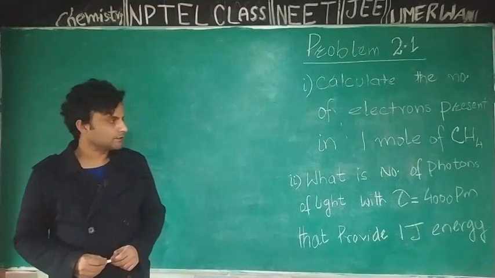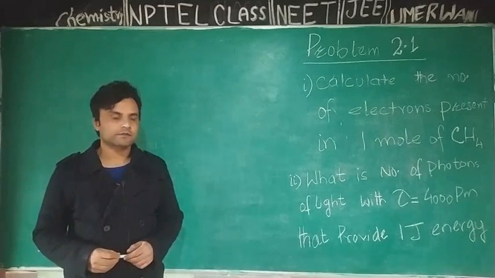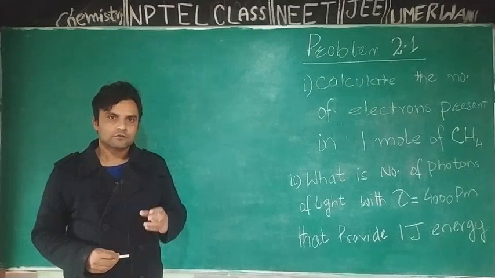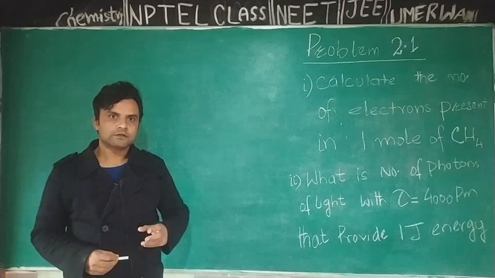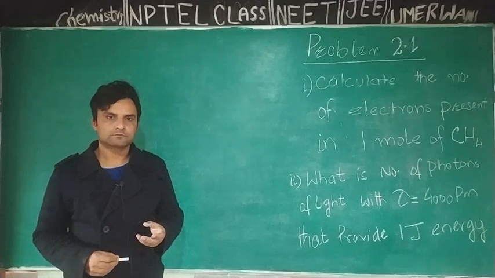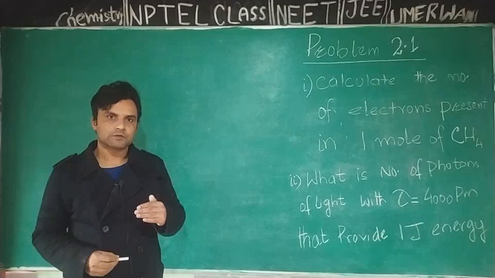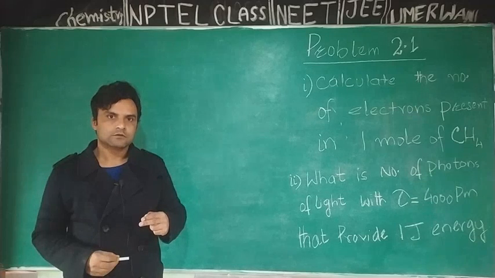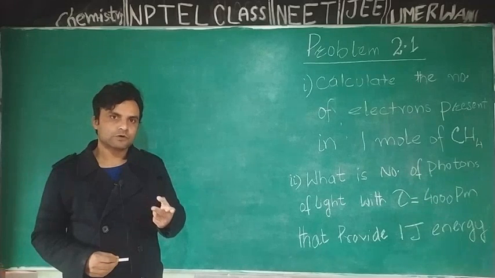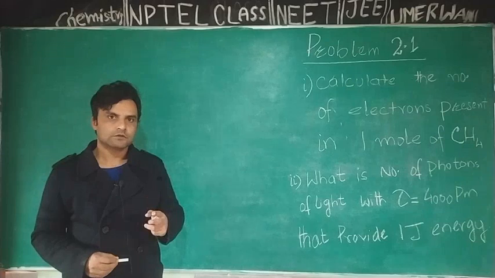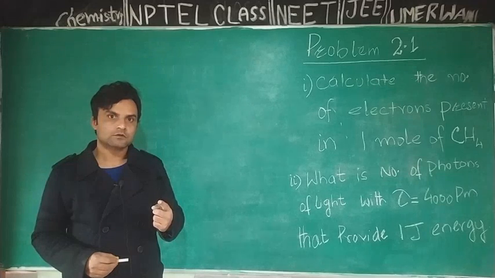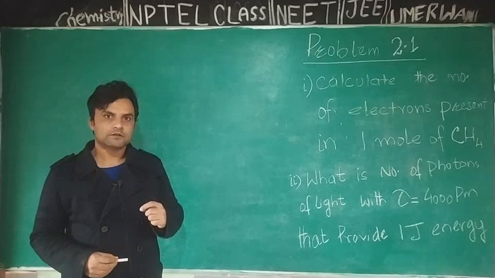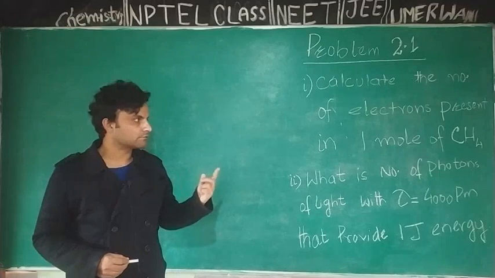Now idea is that for part first, methane is molecular. We will first calculate number of electrons. We require two ideas. First, number of electrons present in its one molecule, and second, number of molecules present in its 1 mole.